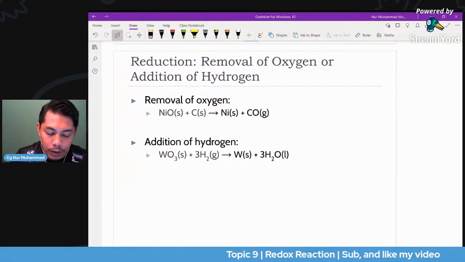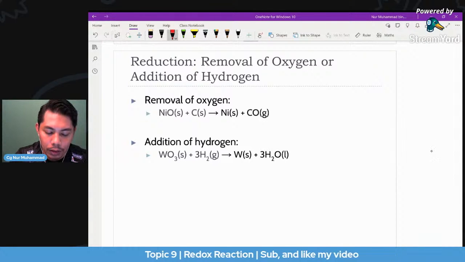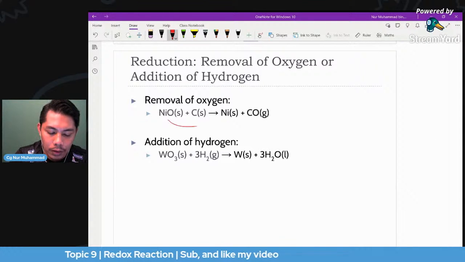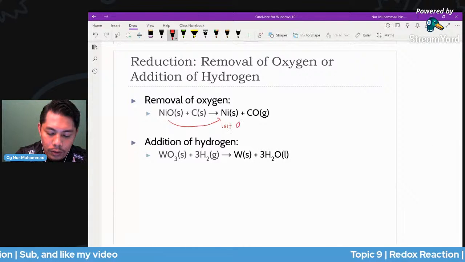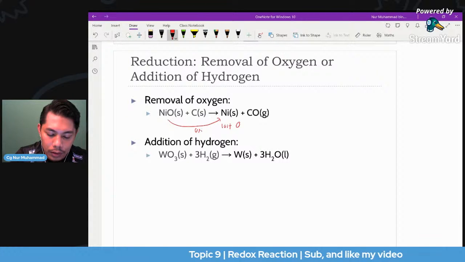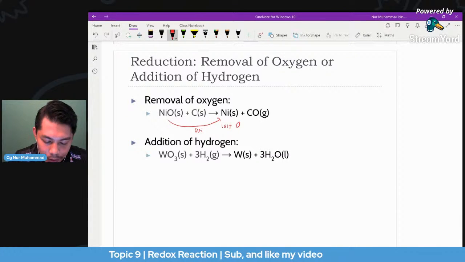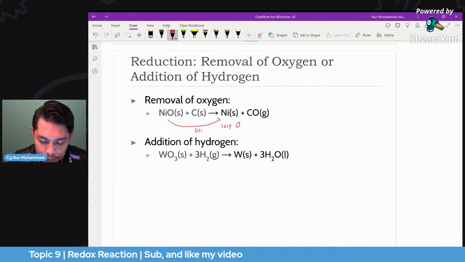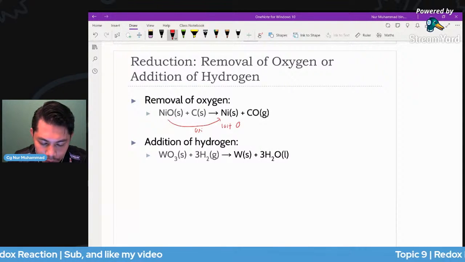Nitrogen oxide react with carbon. Now it lost apa tu? Lost oxygen. So this is reduction. Apa lagi? Yang bawah addition of hydrogen. Which one addition of hydrogen?